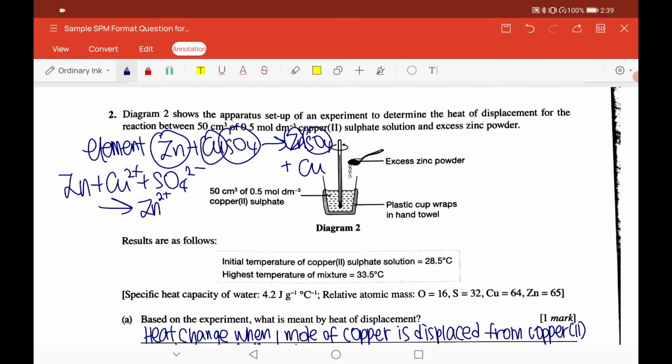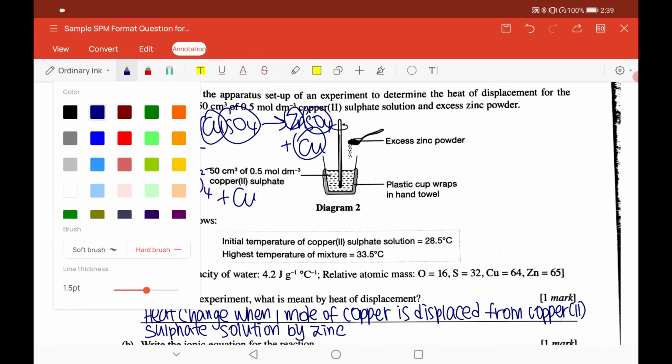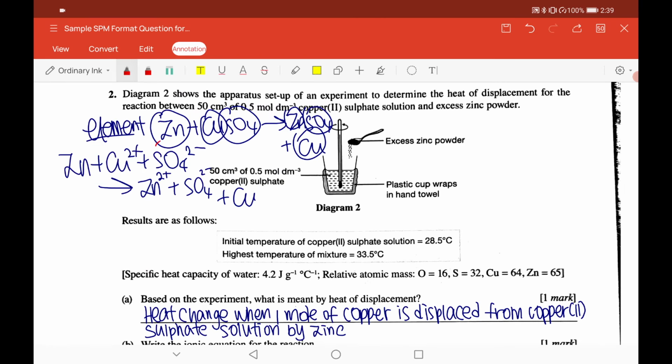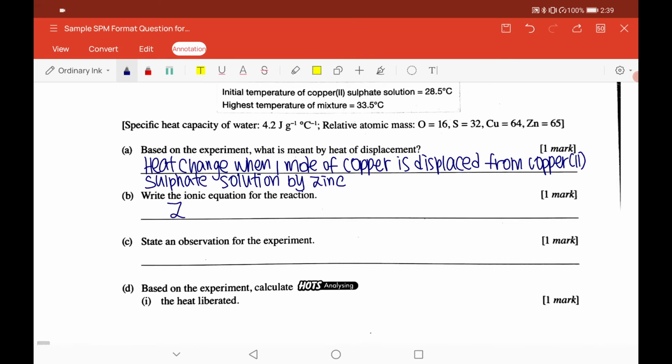The copper here is one species element, so it has no charge. If you compare the left and the right, we can see that the sulfate doesn't have any changes, so you cut it off. After you cut off, the remaining answer is the ionic equation, which is Zn plus Cu2+ to become Zn2+ and Cu.